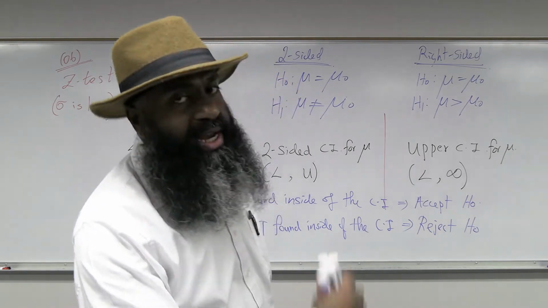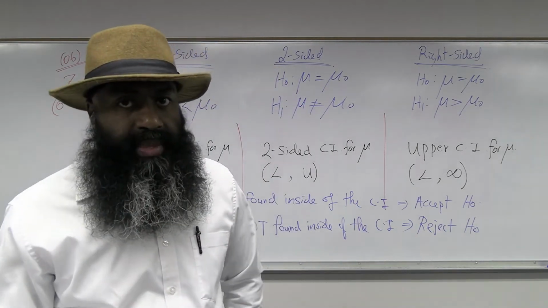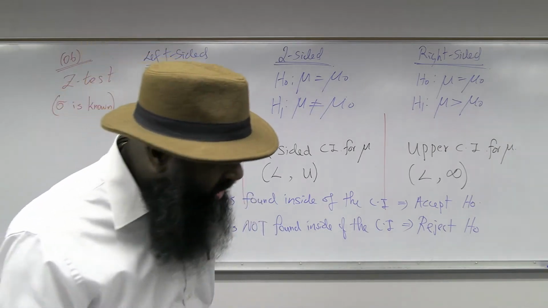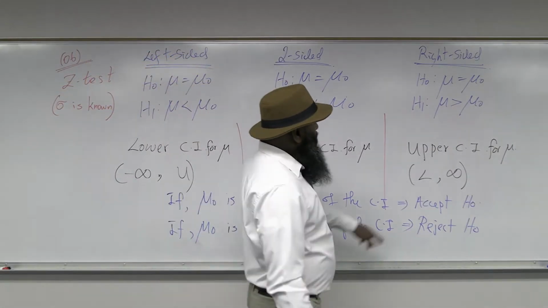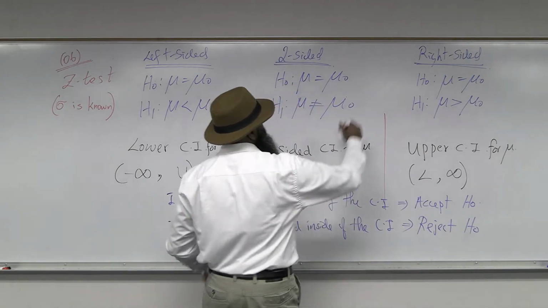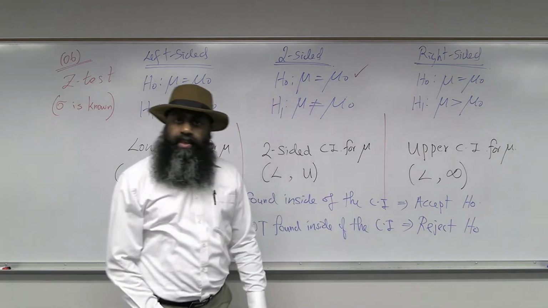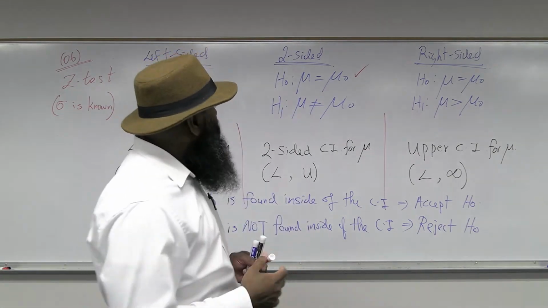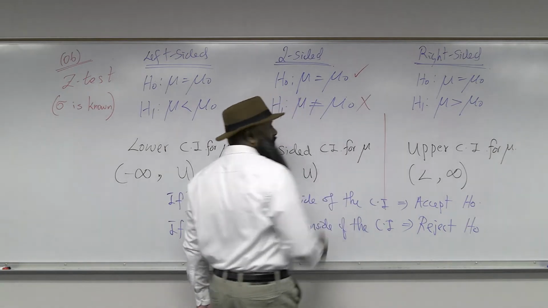Now, interpretation is the next step. How do you do the interpretation? We said if our test accepts the null hypothesis, say for example, this is accepted, that means our data do not support the alternative.